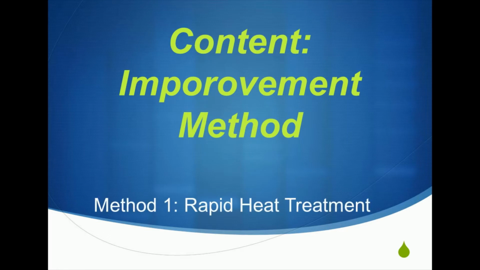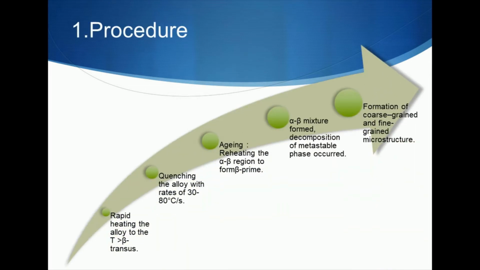The first method of improving material properties is rapid heat treatment. The procedure of rapid heat treatment is rapid heating into the beta field, to a temperature above the beta transus, followed by air cooling or a quenching process.